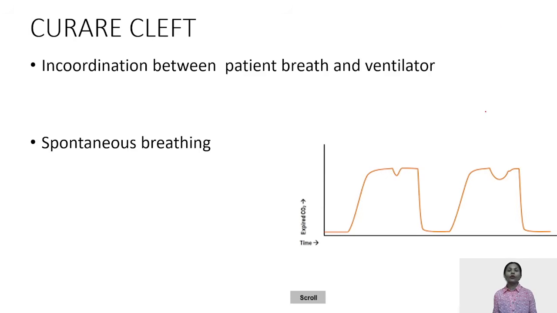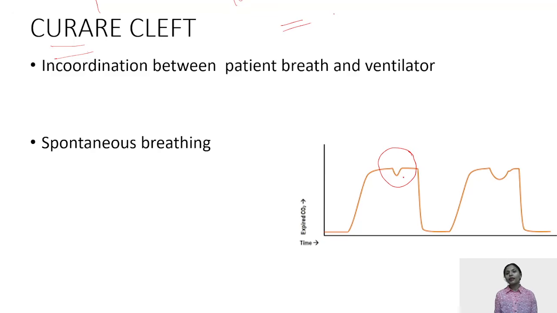Moving forward, to one of the most commonly asked capnographs, which is the curare cleft. This is the curare cleft. If you remember what is curare, the name is suggestive of the first skeletal muscle relaxant that was discovered, that is tubocurarine. That was the first skeletal muscle relaxant.